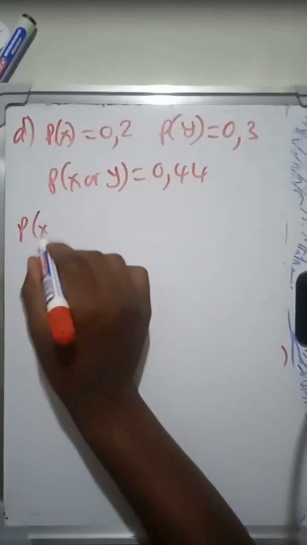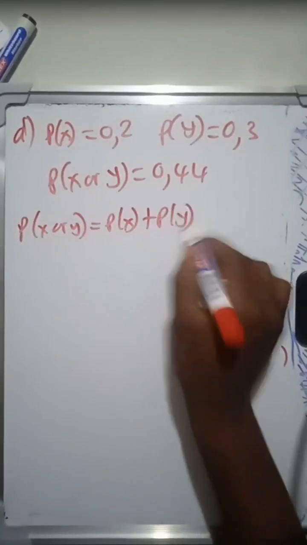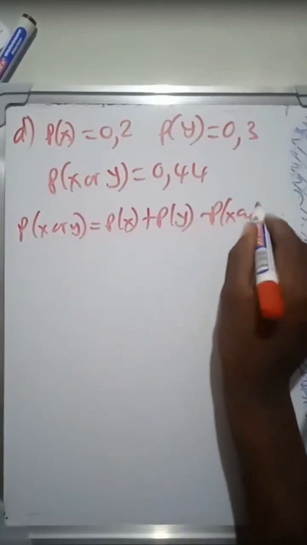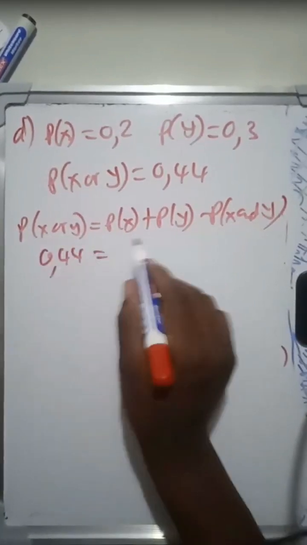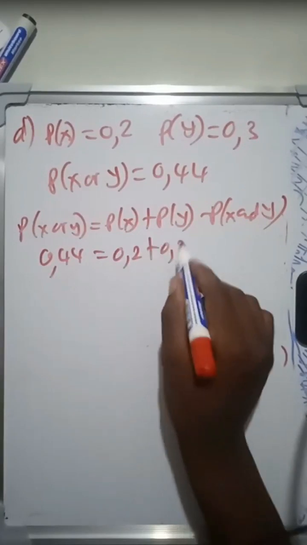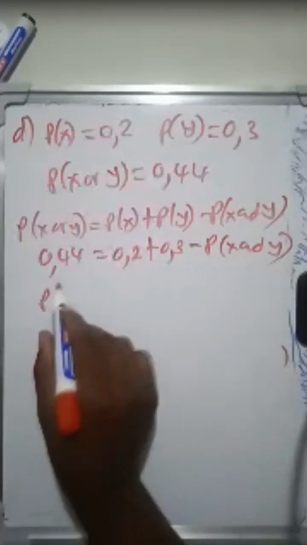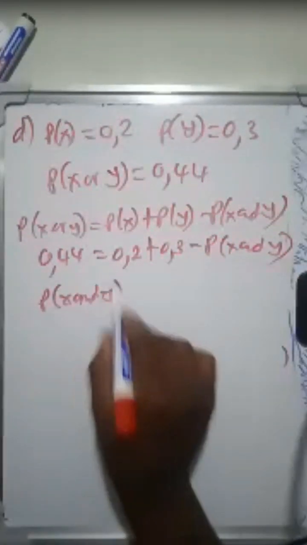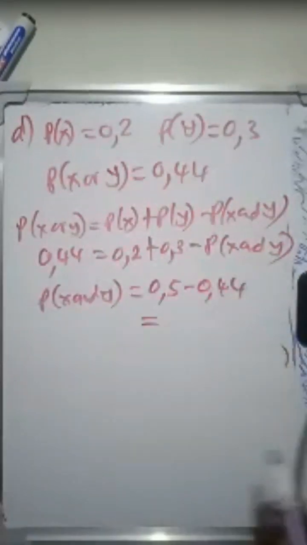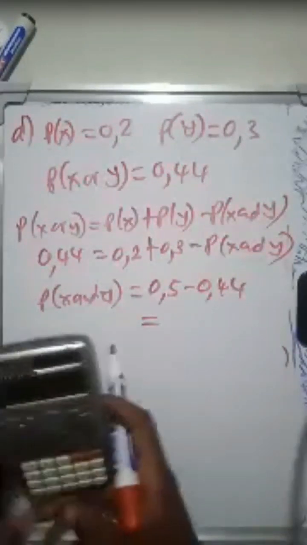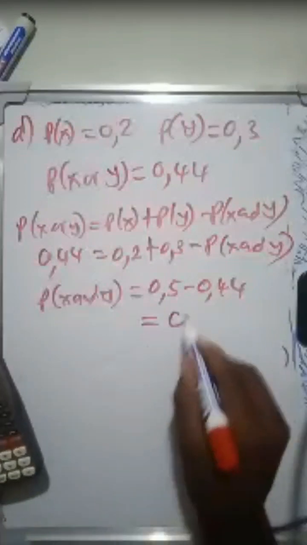Probability of X or Y is equal to probability of X plus probability of Y minus probability of X and Y. So this is going to be 0.44 is equal to 0.2 plus 0.3 minus probability of X and Y. So probability of X and Y is equal to 0.5 minus 0.44, which is 0.06.